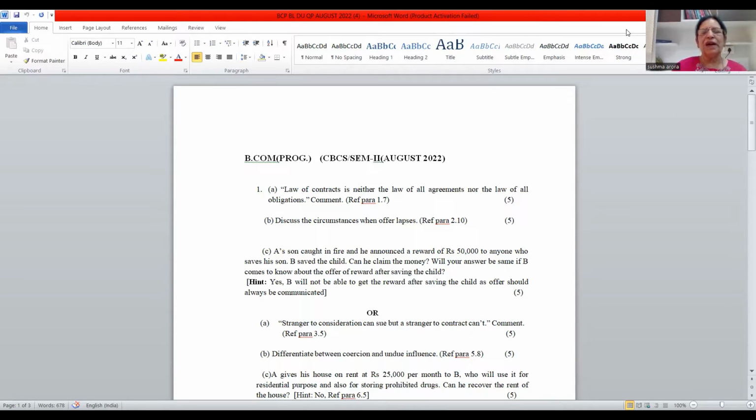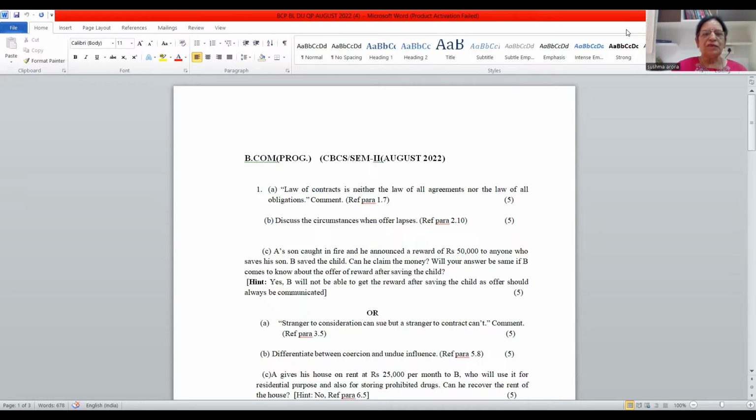For example, finder of goods. This is one of the cases where the obligation will arise, but there was no contract. The complete answer for this question you will find under para 1.7 in my Business Laws book by Sushma Arora.